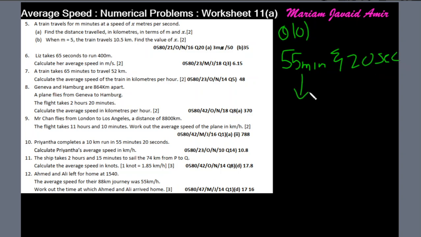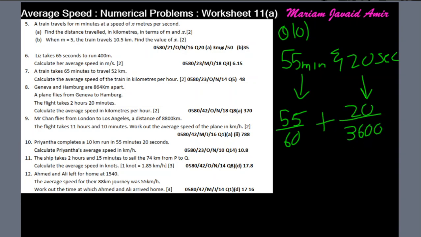To change 55 minutes to hours, we divide it by 60, and to change seconds into hours, we divide it by 3600. Add these two and we get 55 over 60 plus 20 over 3600, and we get 0.92222222 hours.